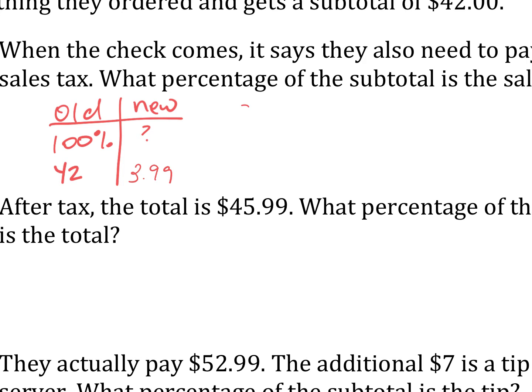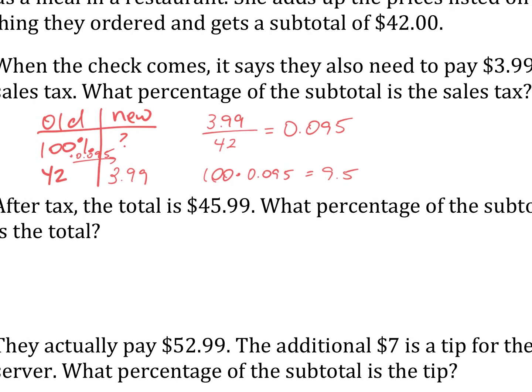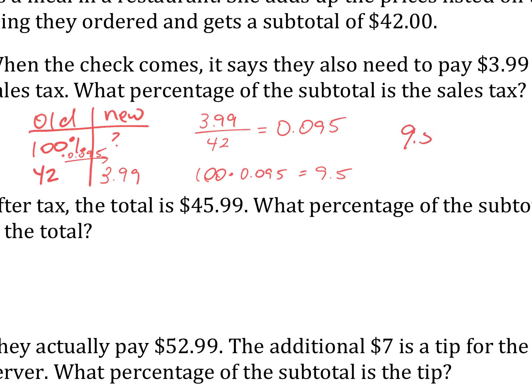So to figure out the constant of proportionality, I'm going to do $3.99 divided by 42, which is 0.095. So I know I am multiplying by 0.095. 100 times 0.095 is 9.5. So I know my percentage is 9.5, and that's my tax rate.